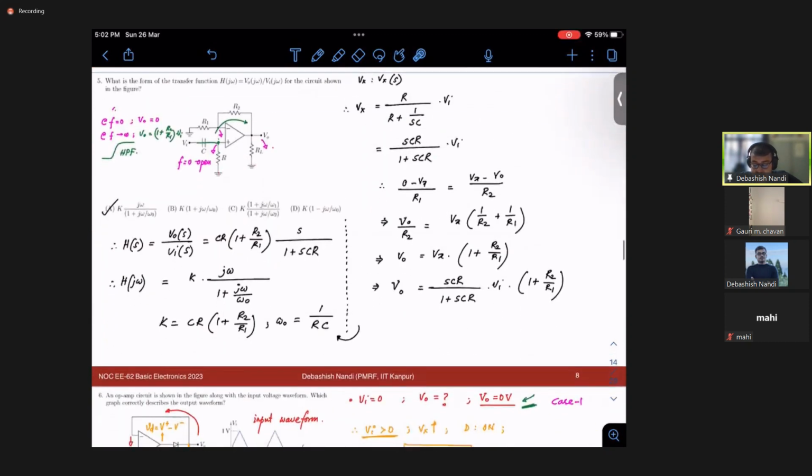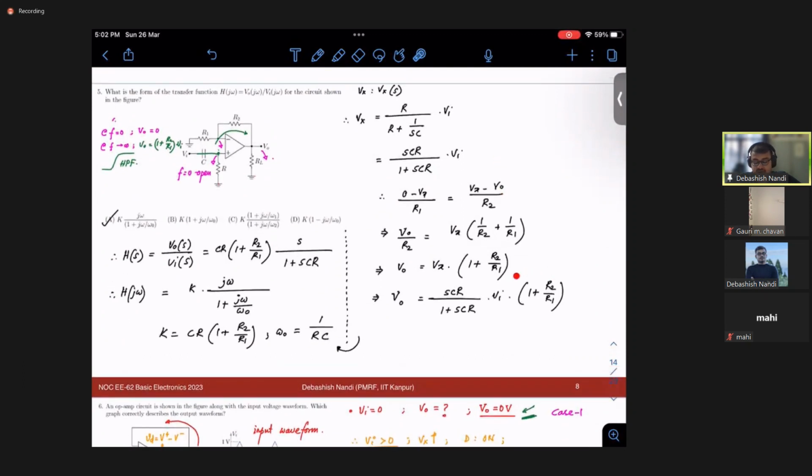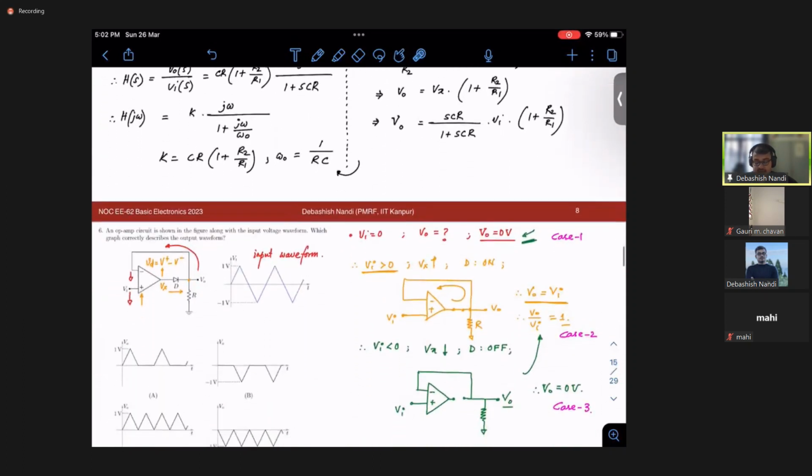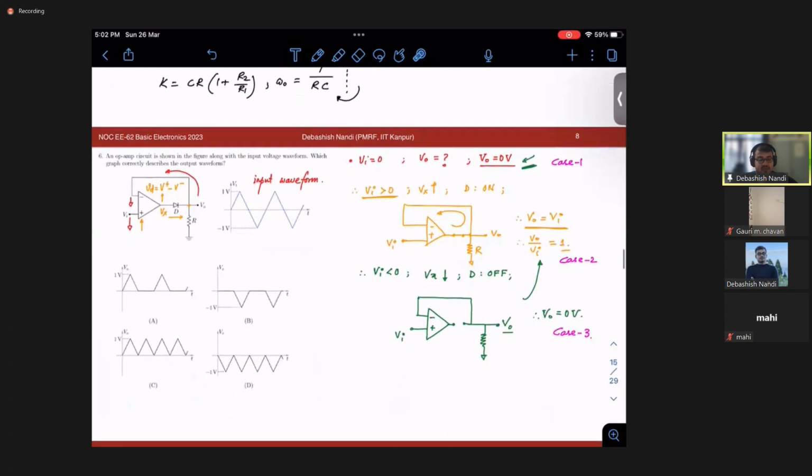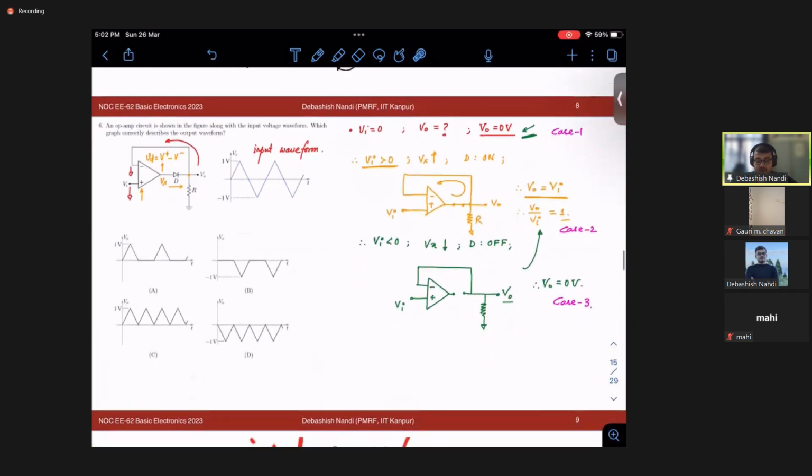Then we have discussed again a similar high pass filter, but in a different way. Here the gain term is controllable by two more resistances, and the capacitance is connected to the non-inverting terminal, right?